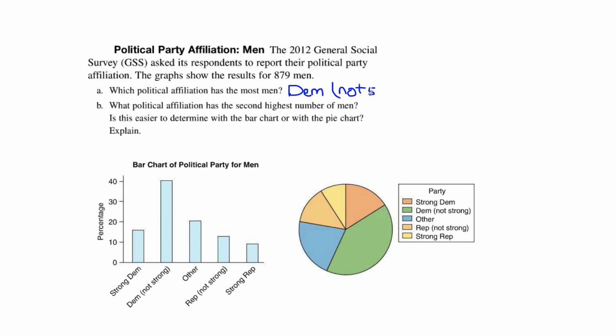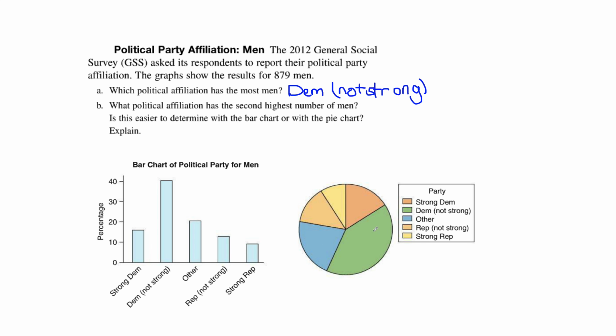Which political affiliation had the second highest number of men? So now I'm looking for the category that has the second highest number. If I'm looking at the bar chart, that's going to be this bar here, other.